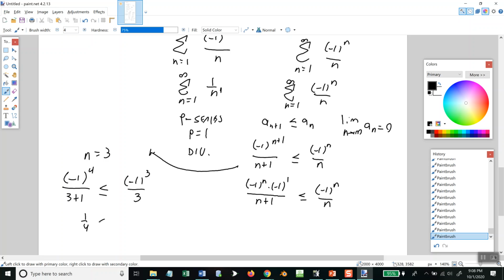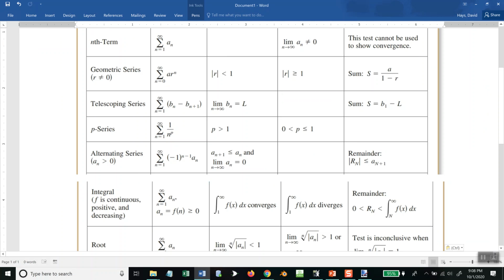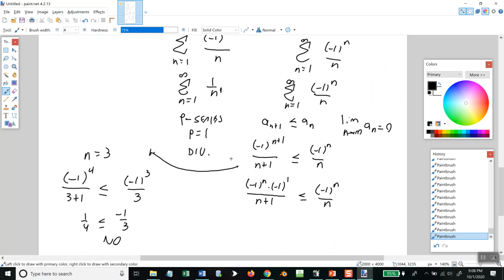That gives us 1/4. Negative 1 to the third power is negative 1. That's not true, is it? And our rule says that has to be true for all values of n. Interesting.